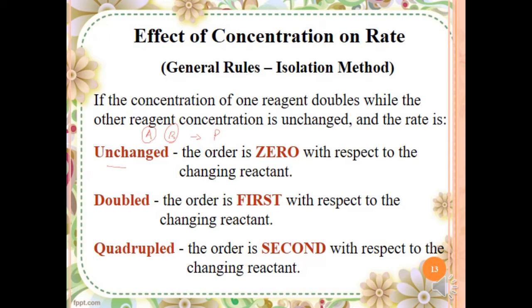If the rate remains the same, then the order is 0 with respect to the changing reactant. If the rate observed is doubled, then the order is first order with respect to the changing reactant. If the rate of the reaction is quadrupled, then the order is second order with respect to the changing reactant. Like the previous example just now, we have double, we have quadruple.